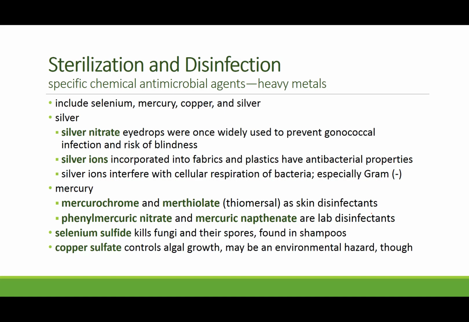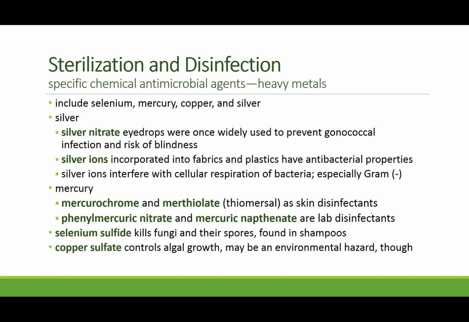But for a long time we used mercurochrome, old school mercurochrome, which had mercury in it. And merthiolate, also called thimerosal, has been used as a skin disinfectant.